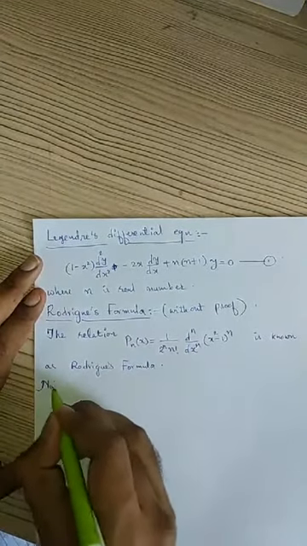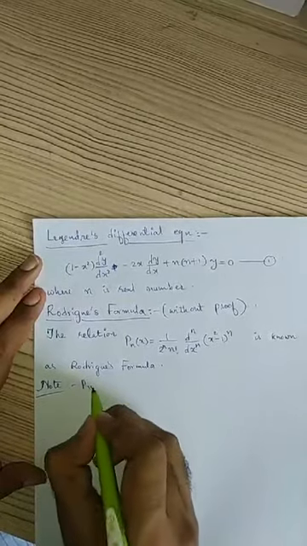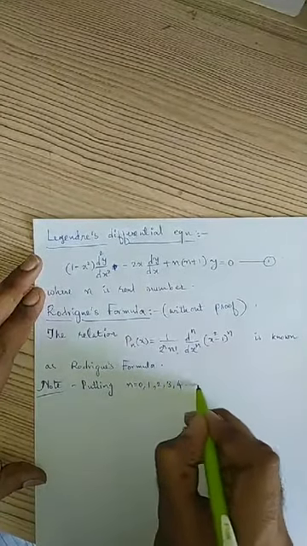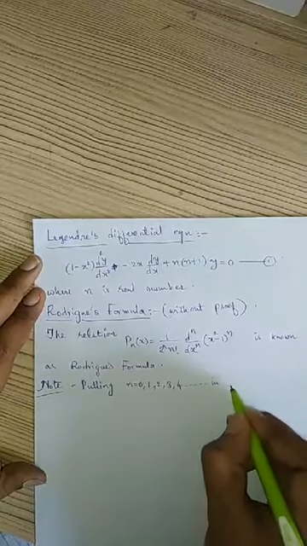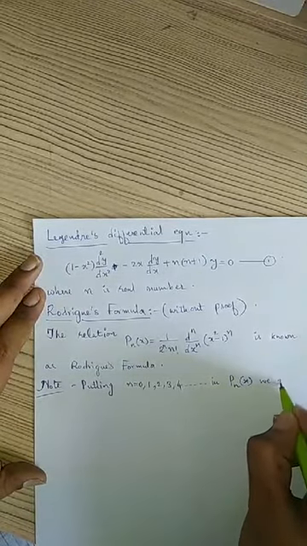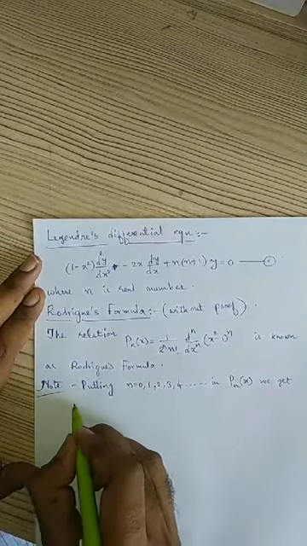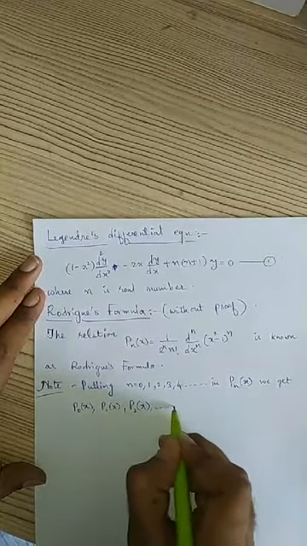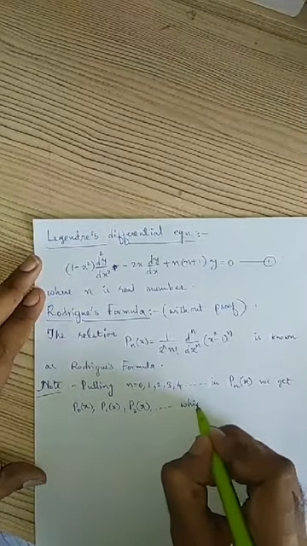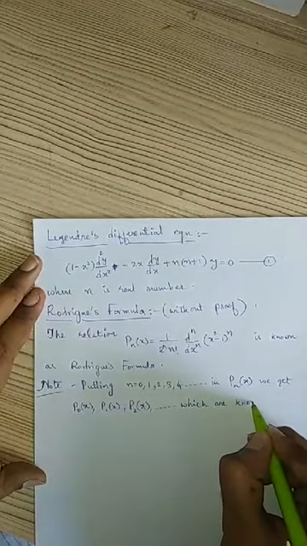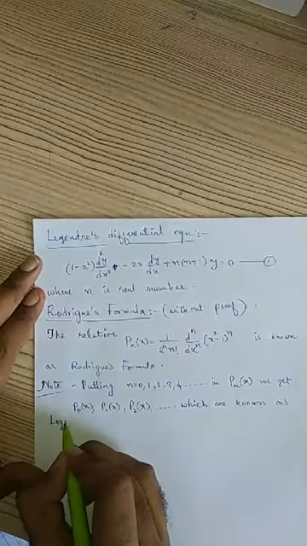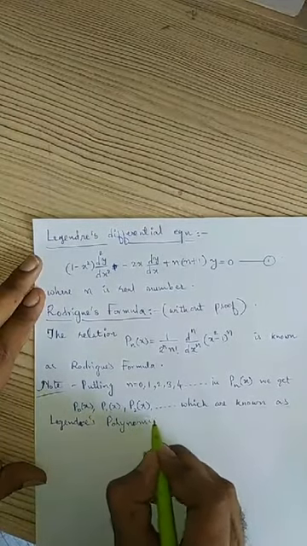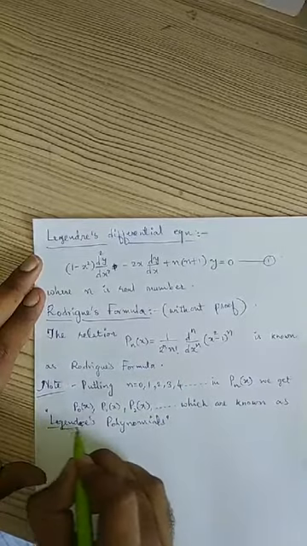Now I'll write a note here: putting n equals to 0, 1, 2, 3, 4 and so on in the Rodrigues formula, that is, in Pn of x, we get P0 of x, P1 of x, P2 of x and so on, which are known as Legendre's polynomials, right?